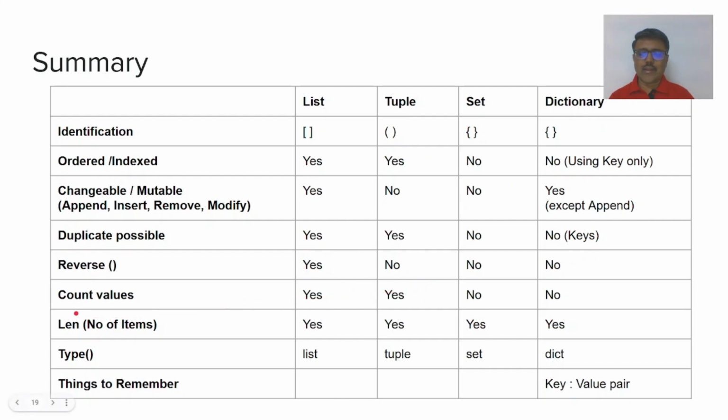Like this is the counting part, and the length across all of them you'll be able to see, and what is the type of it, you will remember. And in terms of dictionary you need to remember that it is a key value pair, right? So this table will help you quickly understand the overall thing, so that accordingly you can prepare yourself.